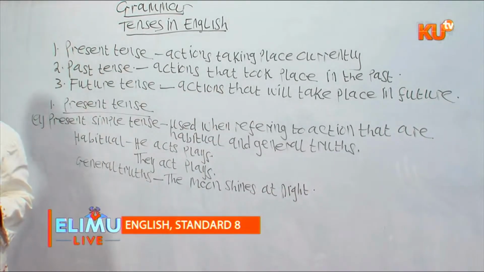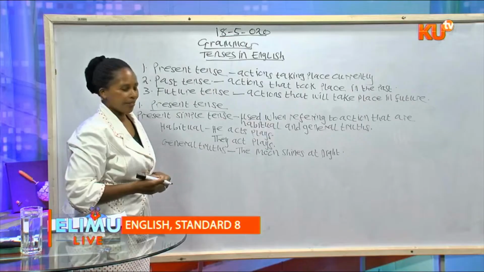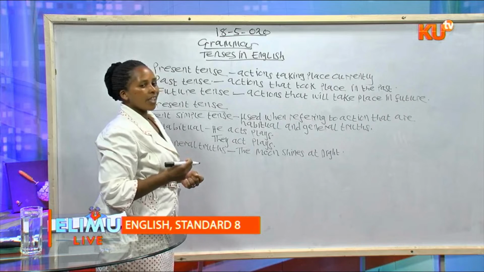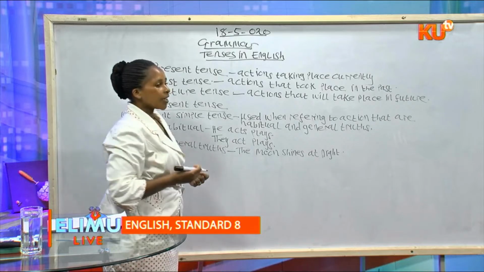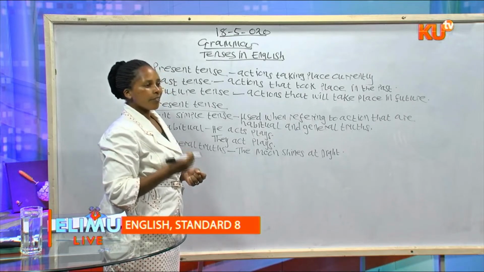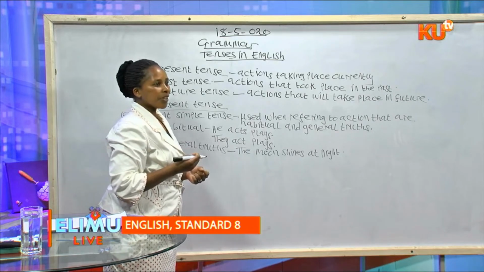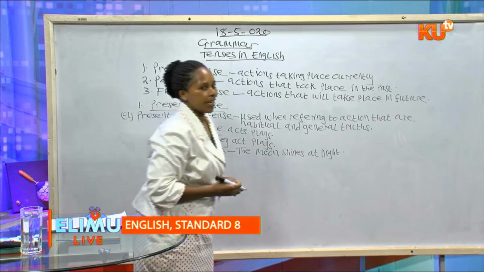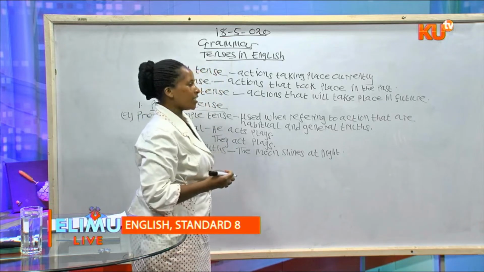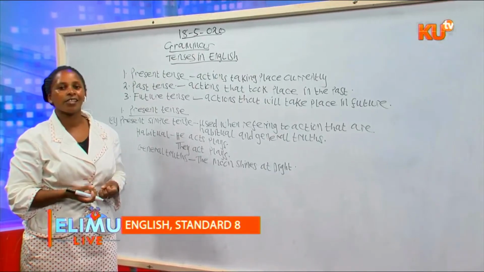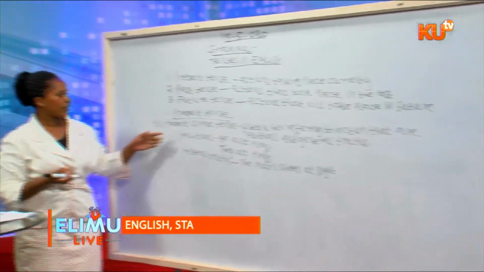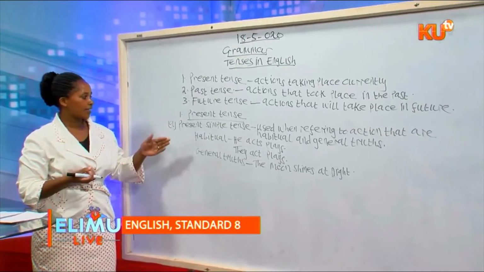Meaning there is no one time you will see the moon shining during the day. This is a truth. It will only shine at night. Another general truth I can say, the sun rises in the east. So when I'm talking about the sun rising in the east, there is no one day you will wake up and you find the sun rising from the north, the south, or the west. That is a general truth. That is one category of the present tense.